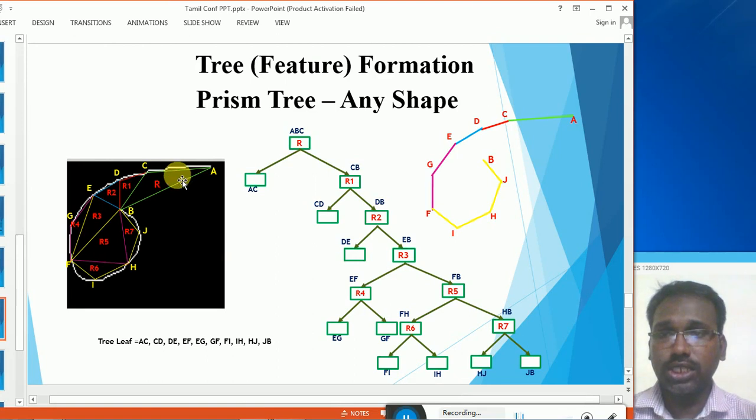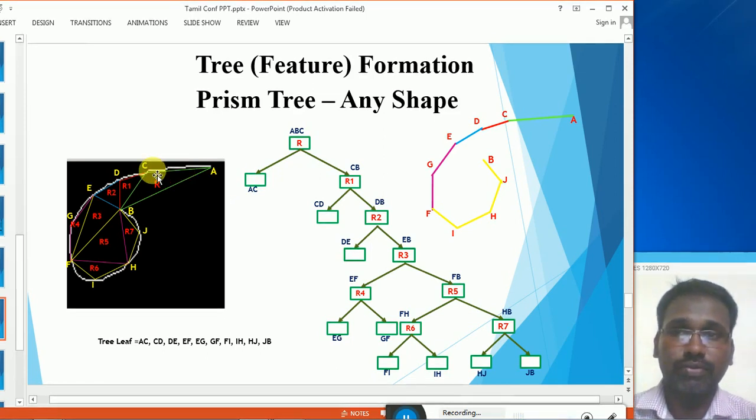The initial triangle acts as the root node. At the next level, from AC we cannot form a new triangle, so that is over.